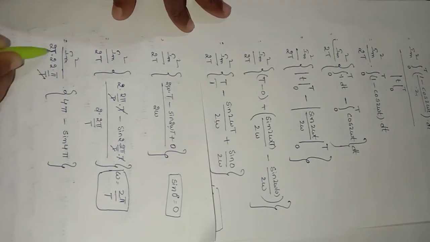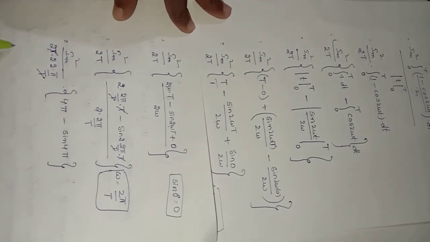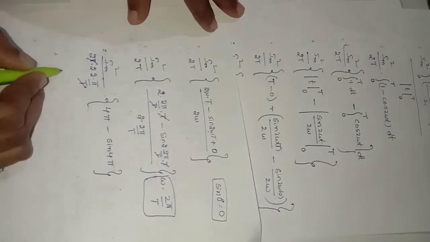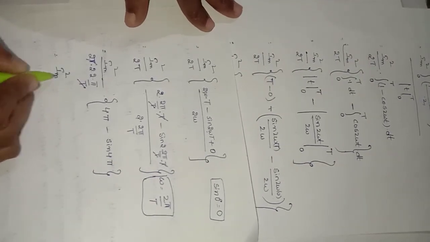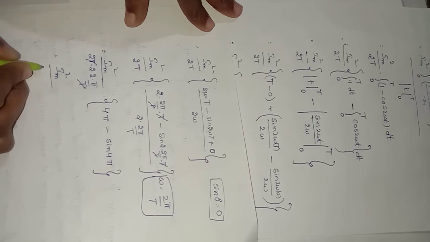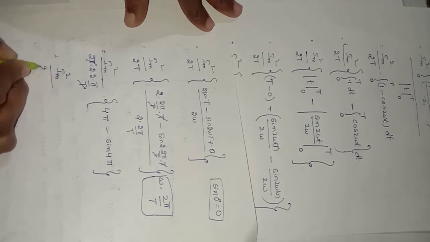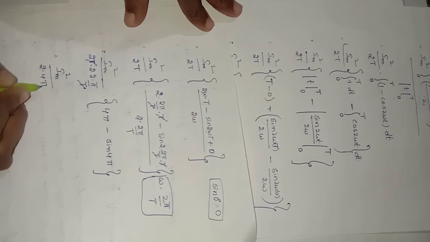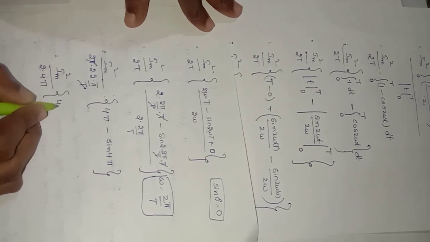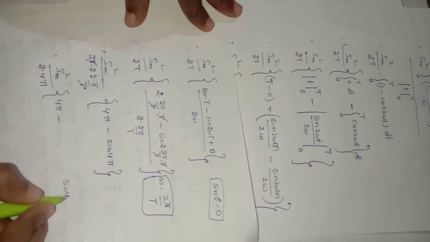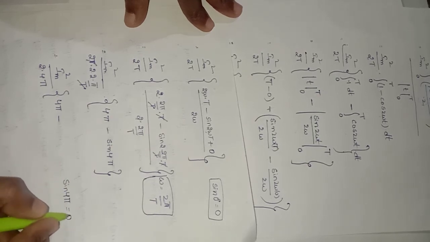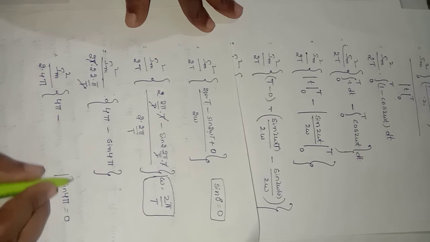Here T, this is equal to Im square divided by 2 into 4 pi, (4 pi minus, what is the sin 4 pi value? It is equal to 0. Sin 4 pi is equal to 0.)